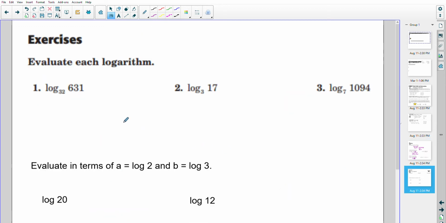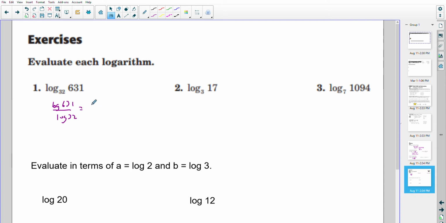Looking at a few other examples, when you evaluate this, all it's looking for is to expand it by the change of base law, and that's just going to be something that looks like this, and you'd use your calculator to figure that out.